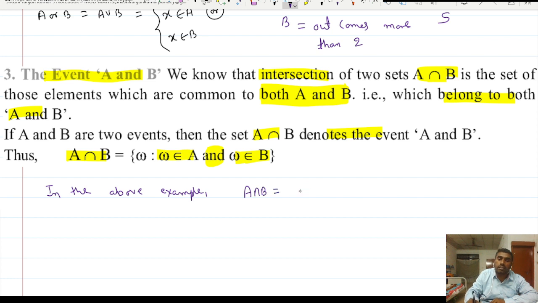This is actually 3, right? In the event A, that is 1 2 3, and in the event B, that is 3 4 5 6, this is common in both places, that is the intersection.